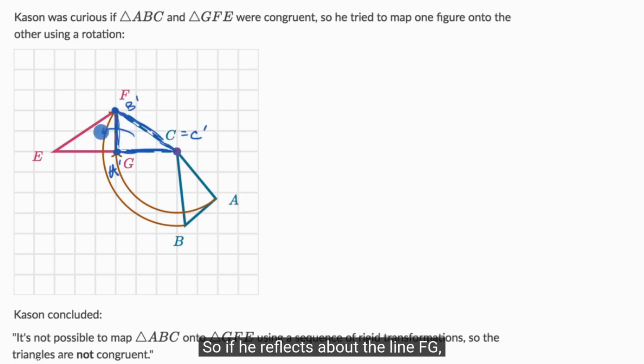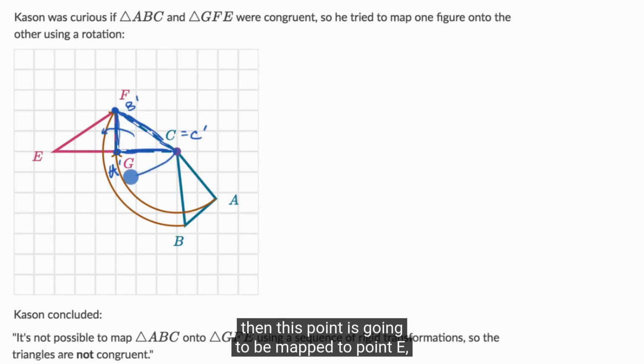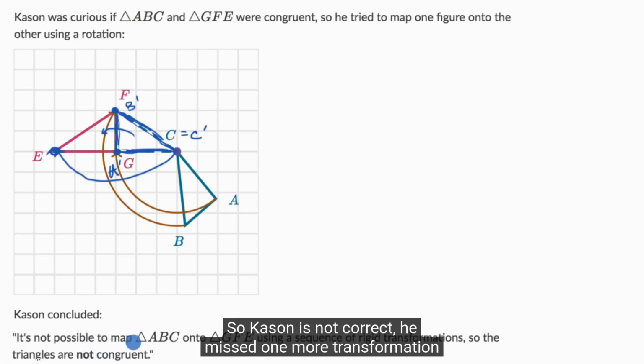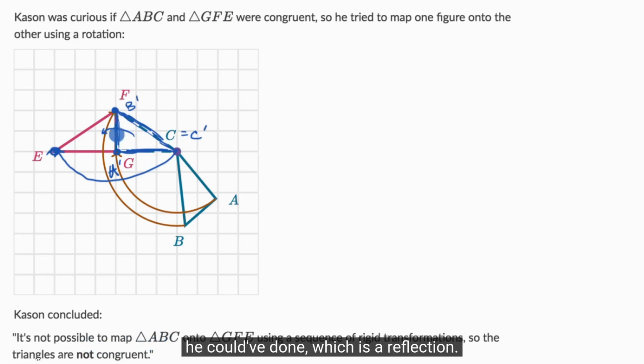So if he reflects about the line FG, then this point is going to be mapped to point E, just like that. And then if you did that, you would see that there is a series of rigid transformations that maps triangle ABC onto triangle GFE. So Kassan is not correct. He missed one more transformation he could have done, which is a reflection.